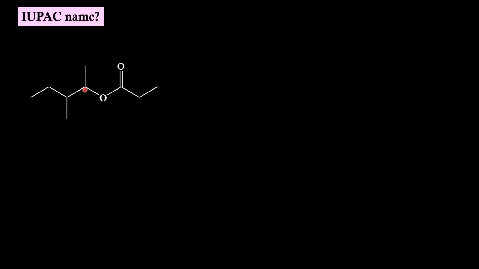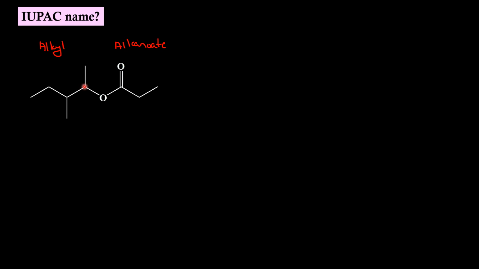For this molecule, this is the alcohol part and acid part. So the IUPAC name of this alcohol will be generally alkyl, and that of the acid part is alkanoate. Now if we name the alcohol part, the first step is numbering.